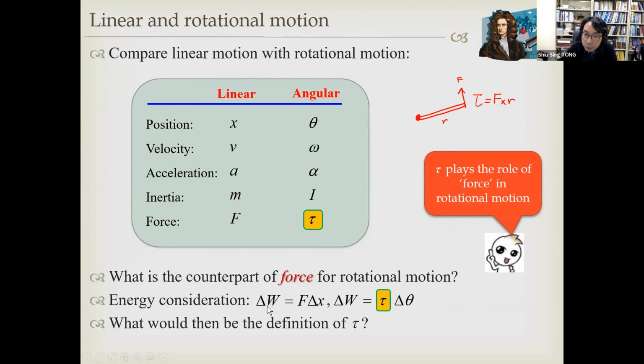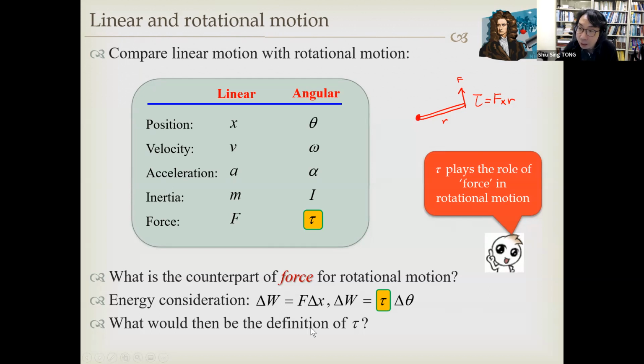So delta W is equal to F delta x for the linear case. Now we suppose a similar thing happens. If an object rotates by a small angle, delta theta, and the object is under the action of a torque, then the work done will be equal to torque multiplied by delta theta. Now we define the torque in this way.